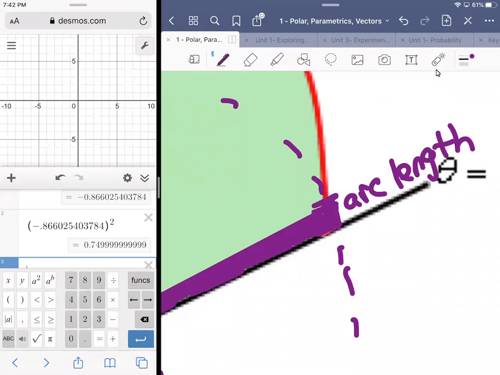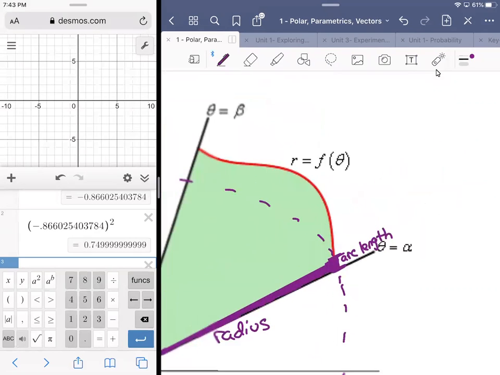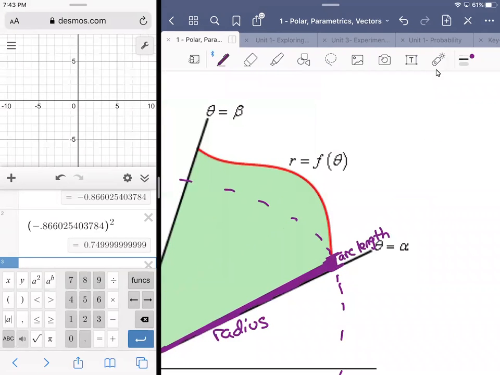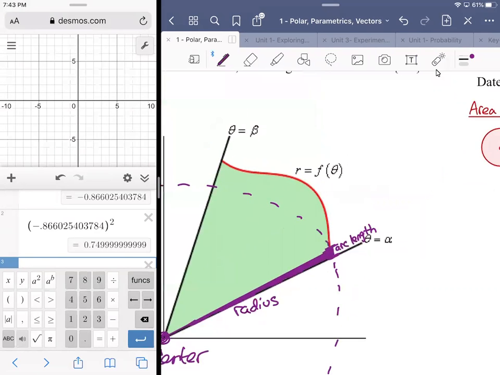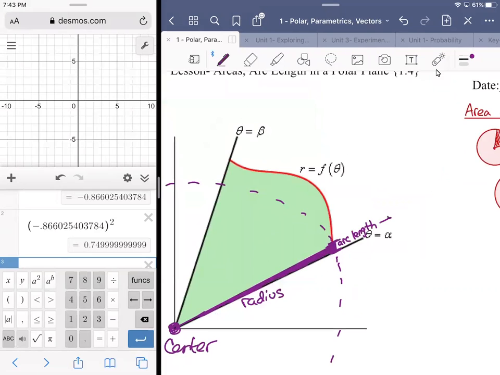Just this little guy here, going from the alpha value to the end of that little shaded area, that's the arc length, all right? But I want it to be so infinitesimally small that I don't create any gaps.